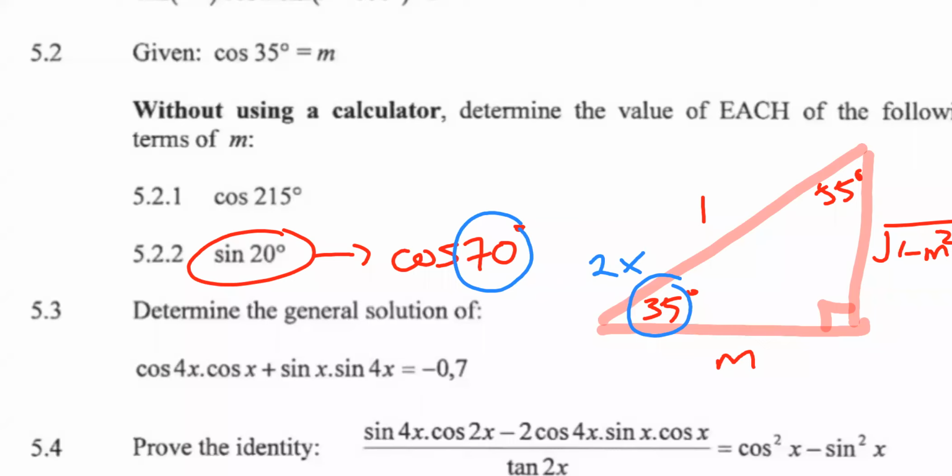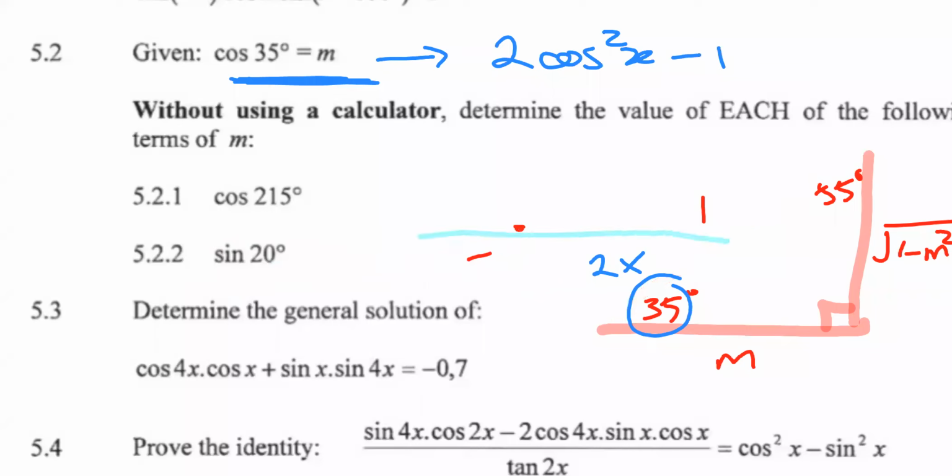And I think the double angle we should use for cos, the one that will work best here, will be the one that looks like this. So it's 2 cos squared x minus 1. The reason why I want to use this one is because we already know what cos of 35 is. Cos of 35 is m. So it's going to be easy if we just use that one.